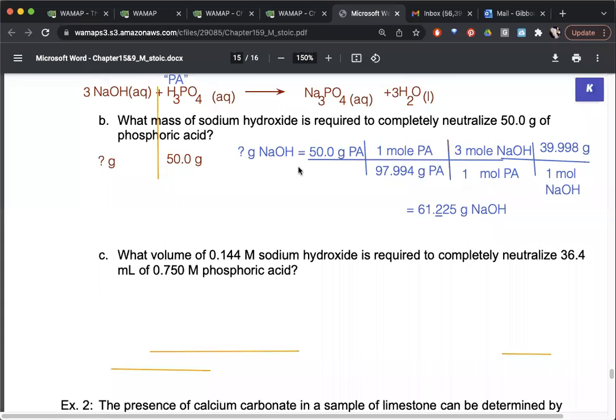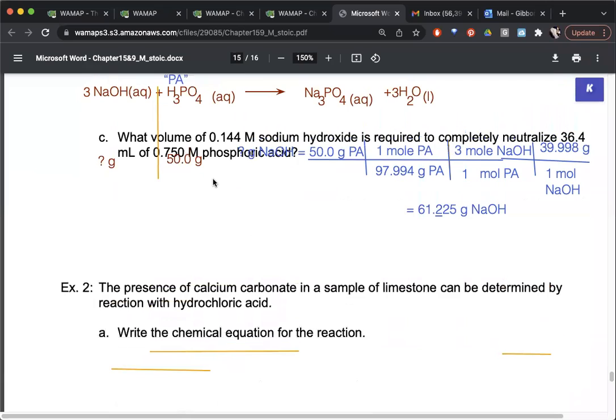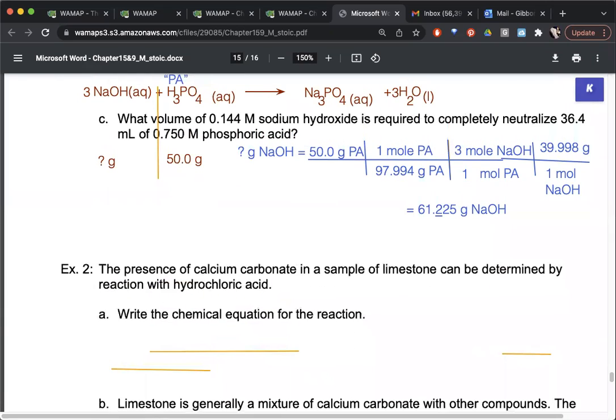Okay. Now, the next one, I'm going to go ahead and move this up a little bit. What volume? So I'm going to continue this table layout here.